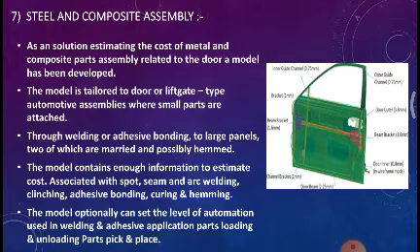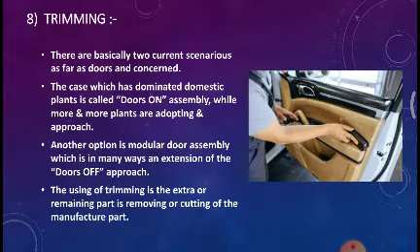The model contains enough information to estimate cost associated with spot, seam, and arc welding, clinching, adhesive bonding, curing, and hemming. The model optionally can set the level of automation used in welding and adhesive application, parts loading and unloading, parts pick and place.